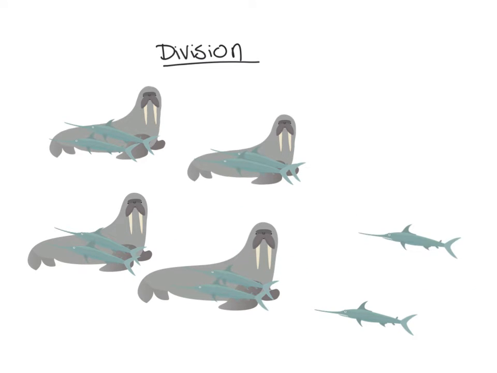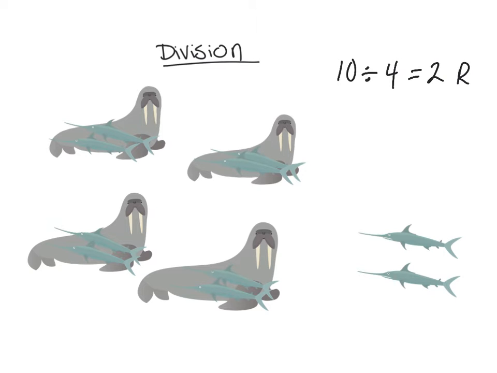Okay, and we are left with 2 fish. So in this case, when we did 10 fish divided by 4 walruses, we got 2 with a remainder of 2, which means that we had 2 fish left over.